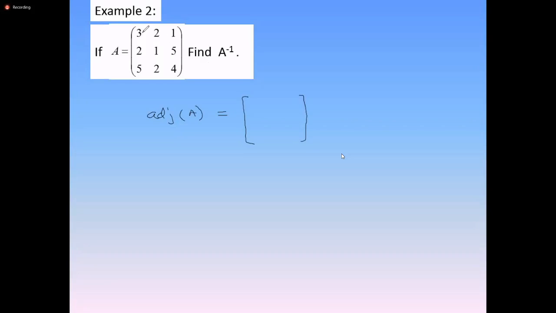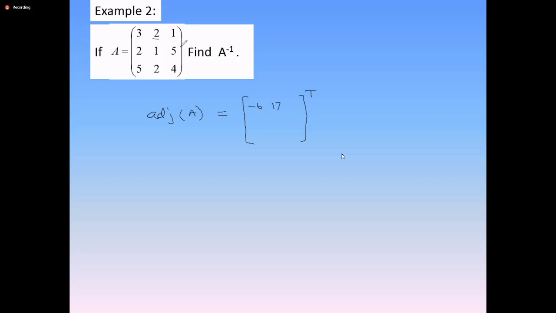For the first element, 3, what is the cofactor? 1 by 4 minus 2 by 5, that is 4 minus 10, which is -6. Second here, 2. Then 2 by 4 minus 5 by 1. Your eye contact should go to the cross product, 2 by 4, 5 by 1: 8 minus 25 is -17, then it becomes plus 17.